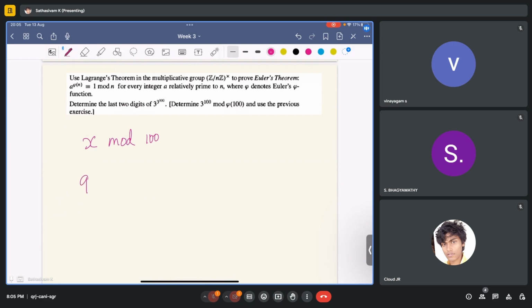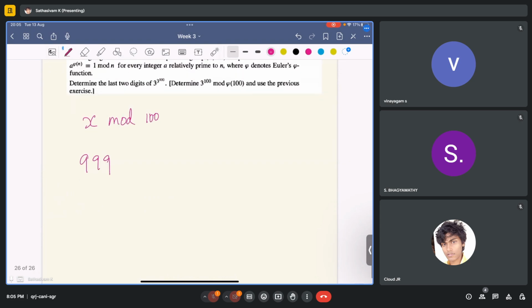For example, take 999 divided by 100: this is 9 times 100 plus 99, so the last two digits are 99. Basically you need to go mod 100 and find the remainder.